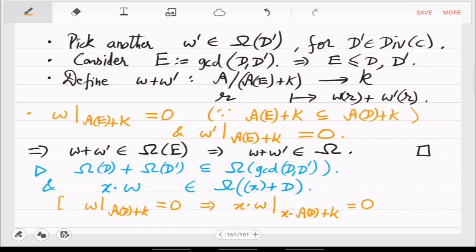So, a function f plus D is greater than or equal to 0, then x f is where?